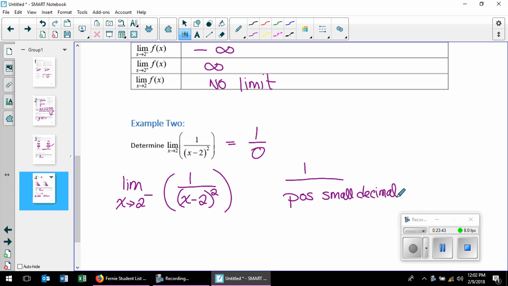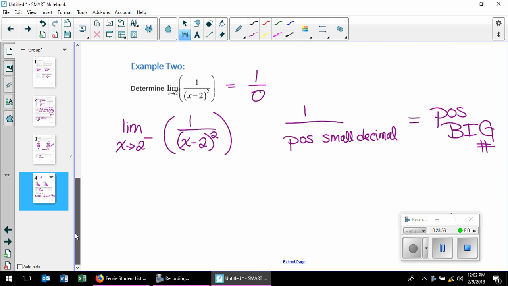A positive big, big number. That's exciting. So instead of calling it a positive big, big number, the graph goes up. Where am I headed towards? Positive infinity. I kind of like big, big numbers, but they already named it infinity.